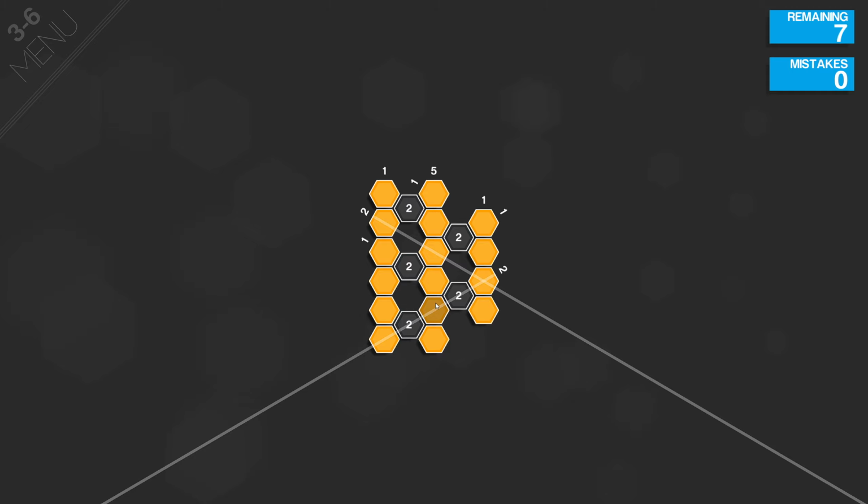If it were this blue and this blue, then this diagonal wouldn't be able to have this as being a second blue, because then we invalidate the vertical one.